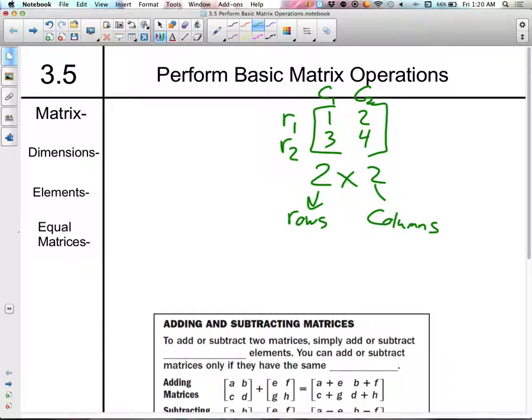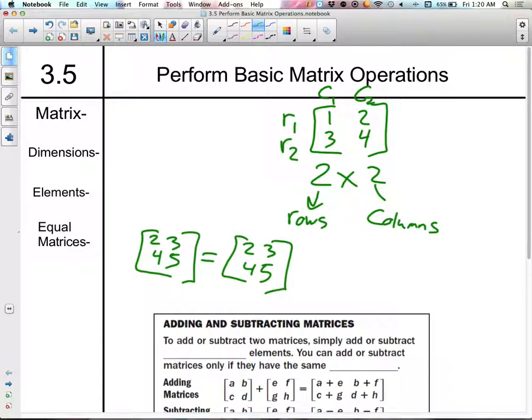And then, real quickly, if 2 matrices are equal, they have to have the same dimensions, and the elements inside must be the same. So, for example, matrix 2, 3, 4, 5 is equal to matrix 2, 3, 4, 5. These two are obviously equal matrices.